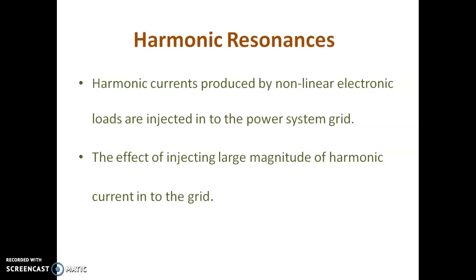We know the interface with the distributed generation often contains a capacitor. This capacitor is involved in series or parallel resonance, which will cause amplification of the harmonic distortion produced.